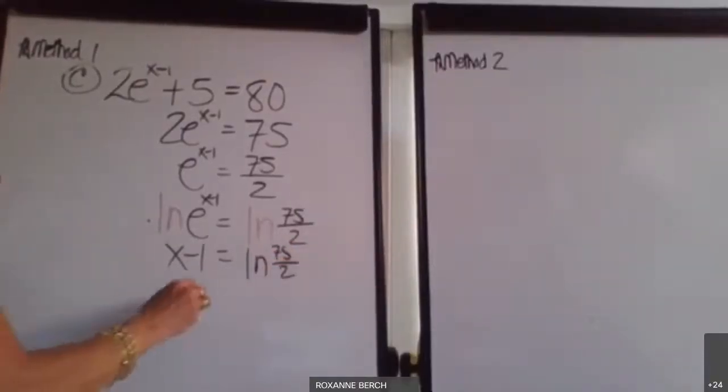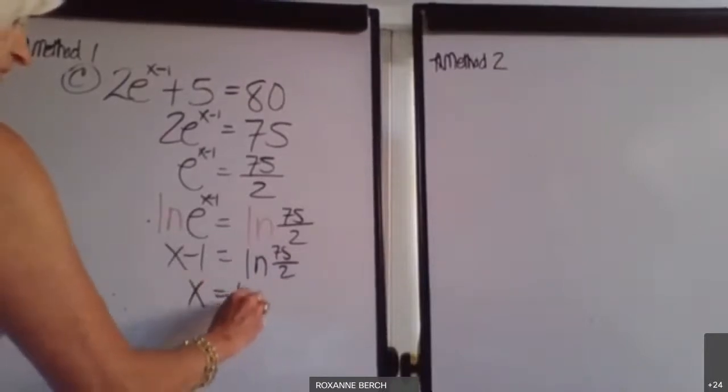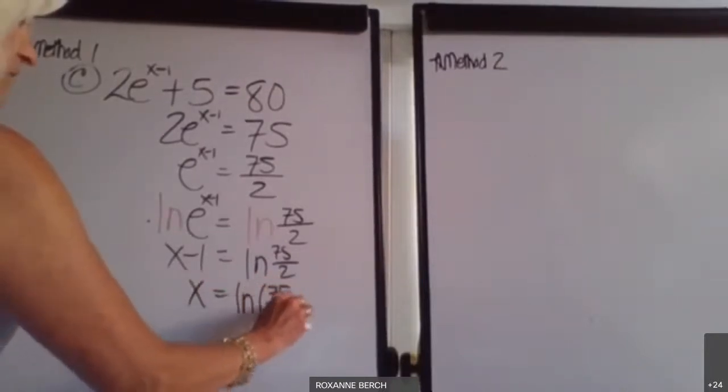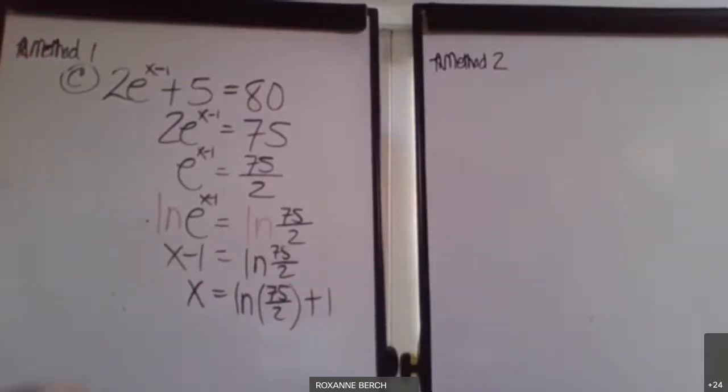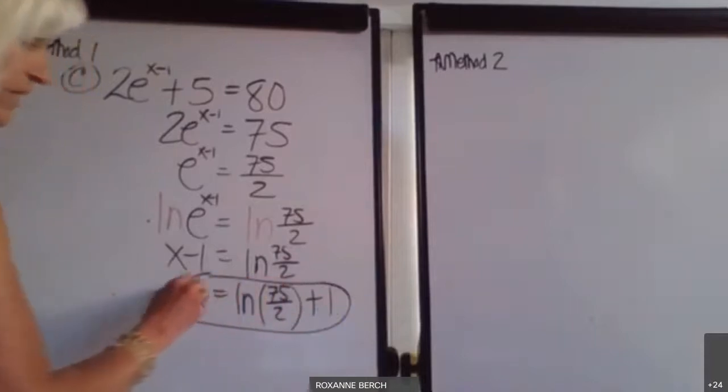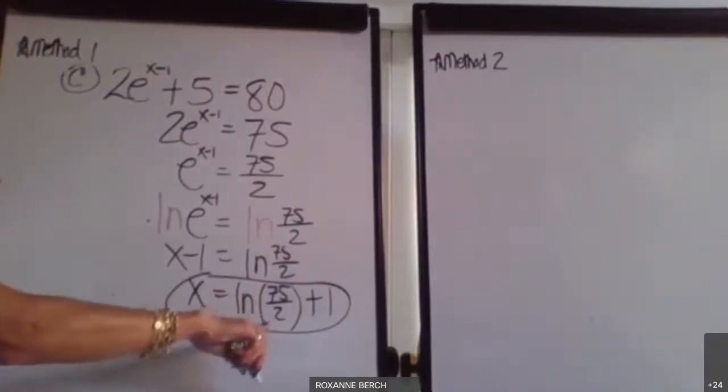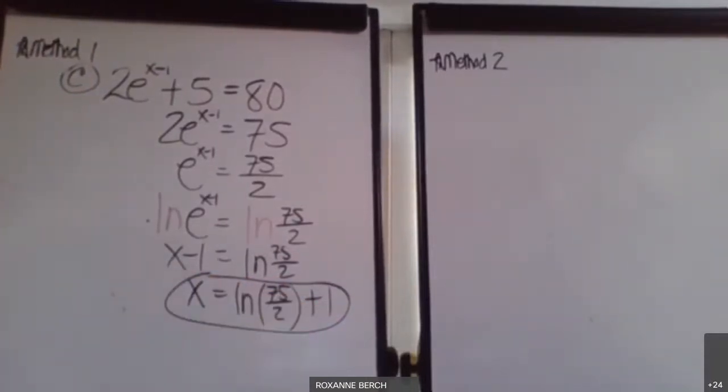So now when we add 1, we get the natural log of 75 over 2 plus 1, and that is the exact answer. There's nothing more you can do to it. You definitely can't add 1 to that. That's not a 1, that's inside the logarithm. That's outside the logarithm.